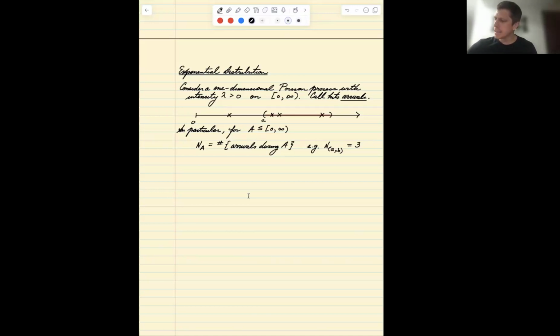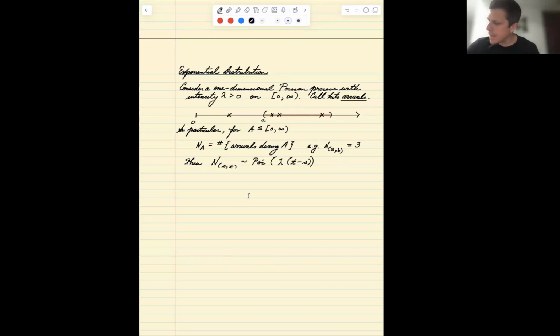So in this case, for any s less than t, the number of occurrences within the interval is Poisson with intensity lambda times the size of the interval, which is just t minus s.